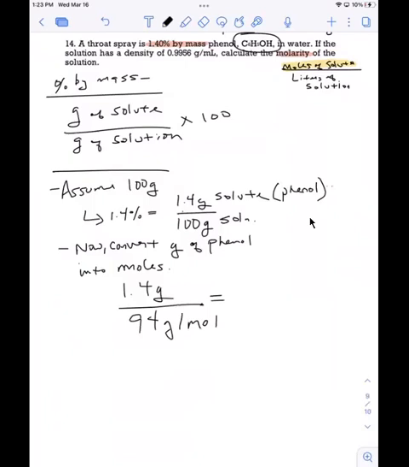That's going to give me my moles of solute. So 0.015. Anybody else get that calculation? 0.015? Yes, sir. I got that too. All right. So now we got the moles. We need the volume.